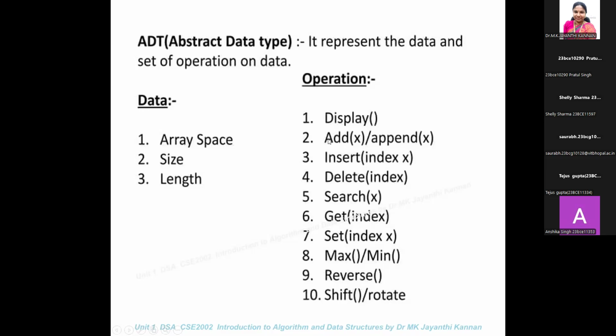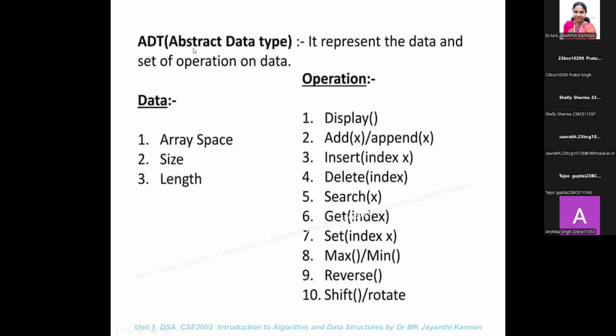Then we need to rearrange, inserting in a particular index position. We can delete an array element based on the index position. We can search for an array element based on the index position, and we can find out the minimum and maximum number from the array. We can reverse the array, shift or rotate the array, left shift, right shift, or rotate. All those operations, bitwise operations, are possible with the array.